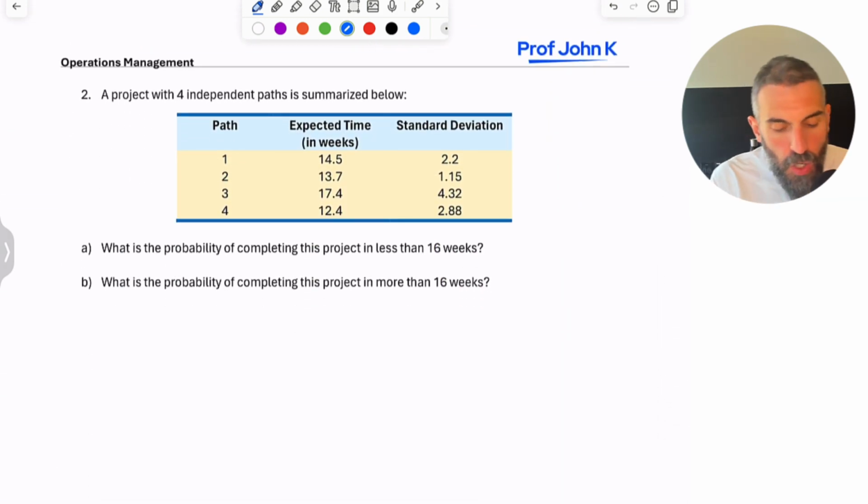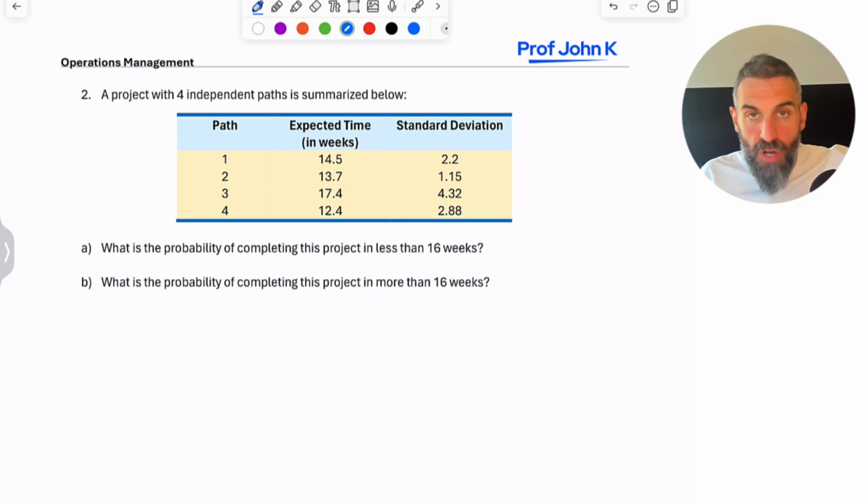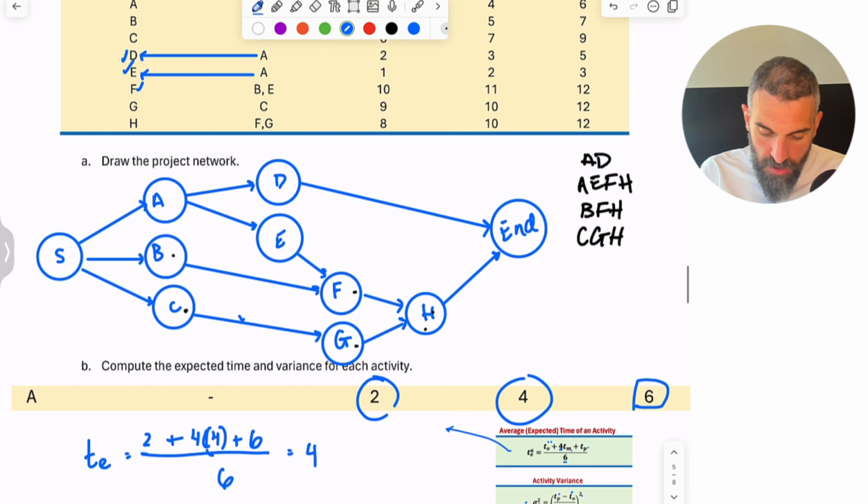Now, here you've got kind of a different setup, right? We don't have a network or anything like that. We actually have just a summarized table. So we have a project with 4 paths. They're all independent. Independent paths means they don't cross. Like if I show you, these are not independent because you have some activities that are on 2 paths.